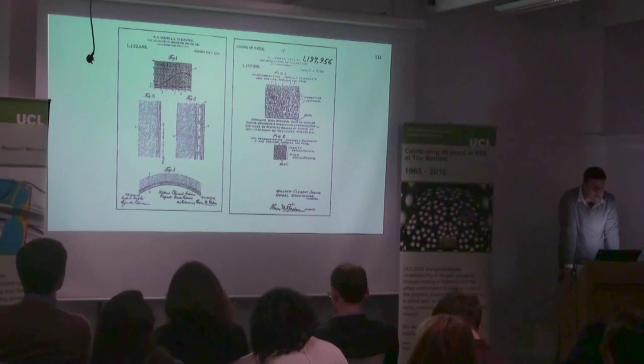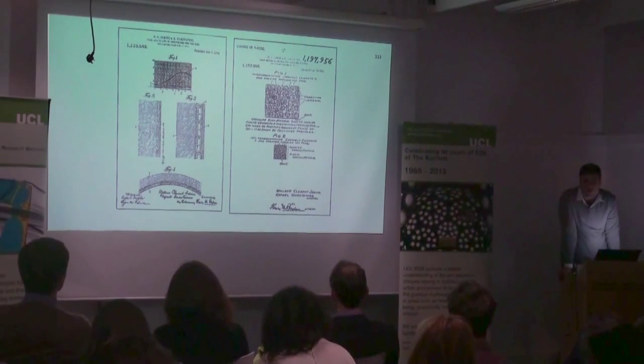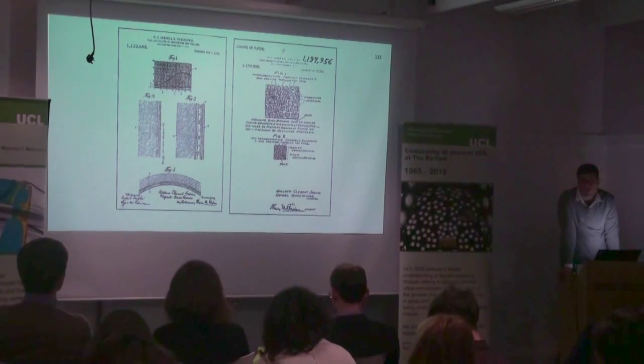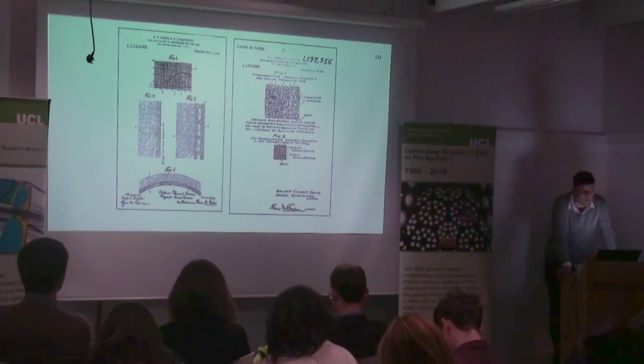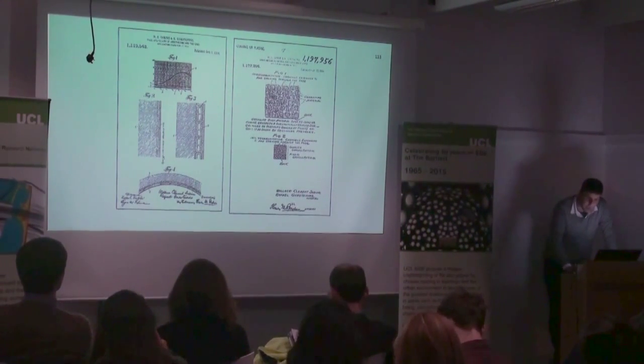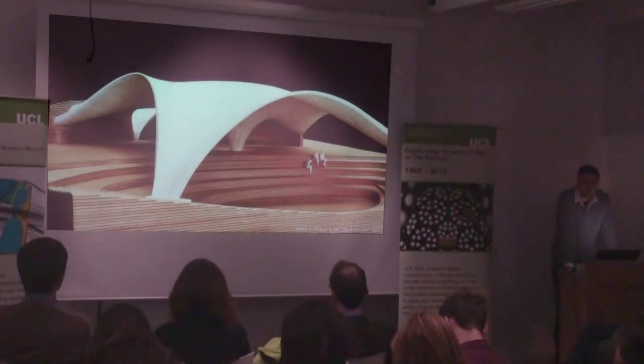These are sound-absorbing bricks that he would use in the first layer of his tile vaults. So these are porous bricks, so they would absorb the sound, and this would mean that the sound would be focused less.